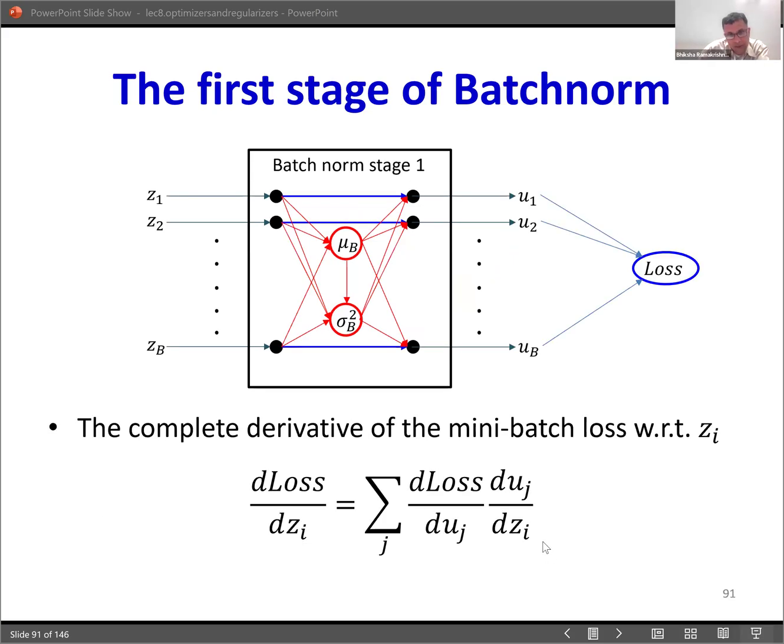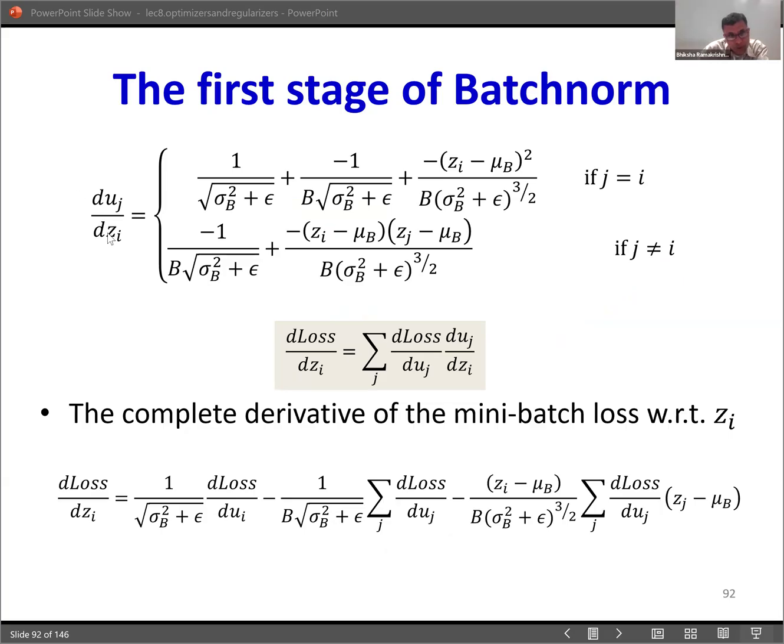And so if I write the complete derivative of the loss of the mini batch with respect to any zi, I'd be summing over all the u's. The terms I'd be summing are the derivative of the loss with respect to uj times duj over dzi. And we know that duj over dzi has this crazy looking, but actually very simply derived formula, where you have these 3 terms when j equals i and only 2 terms when j is not equal to i.